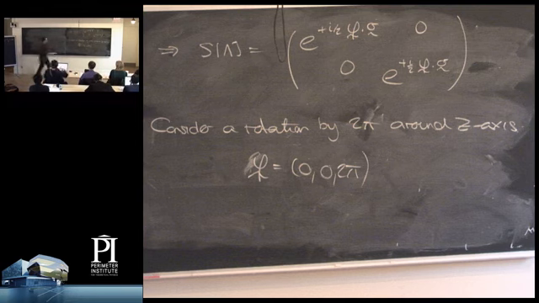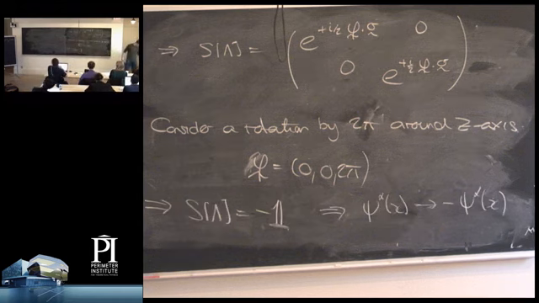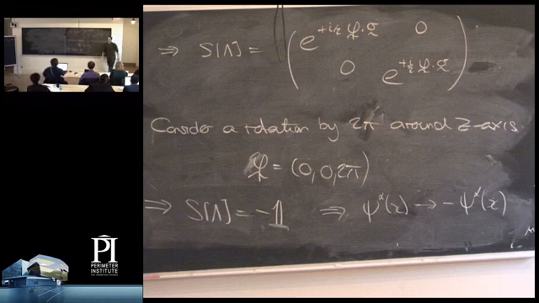Okay, so what happens if I take this and plug it in here? For this particular rotation, this matrix is not the unit matrix. It's minus the unit matrix. Which means that under a 2 pi rotation, this spinor goes to minus itself.